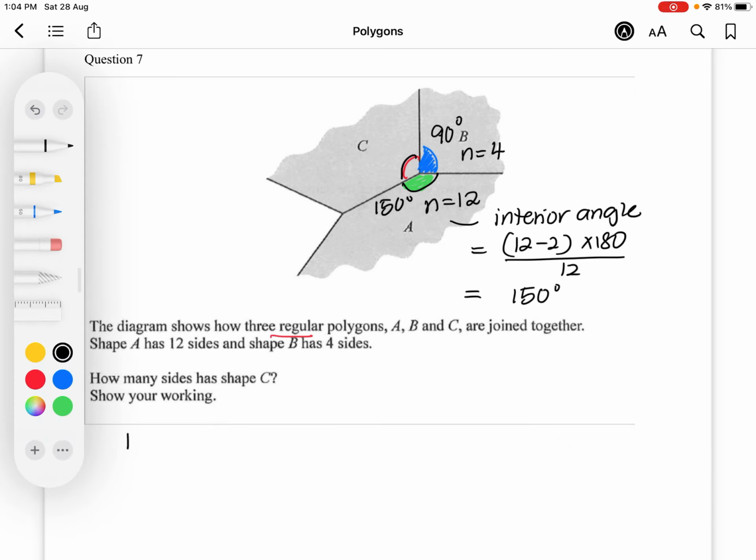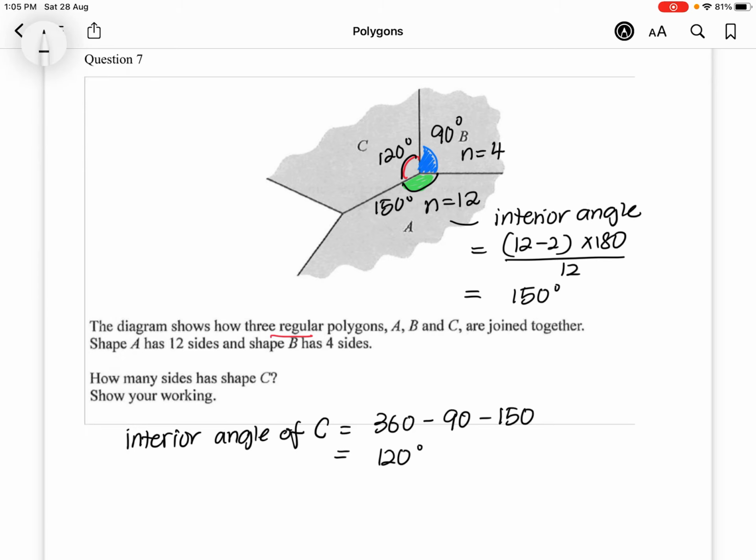So interior angle of polygon C will be, taking angles at a point, 360 minus 90 minus 150 to be 120 degrees. Right? So since I know that this is 120 degrees, I need to find the number of sides.